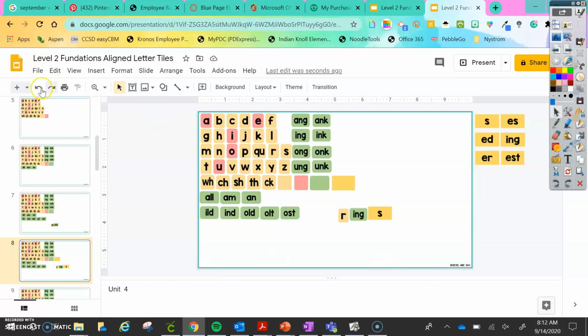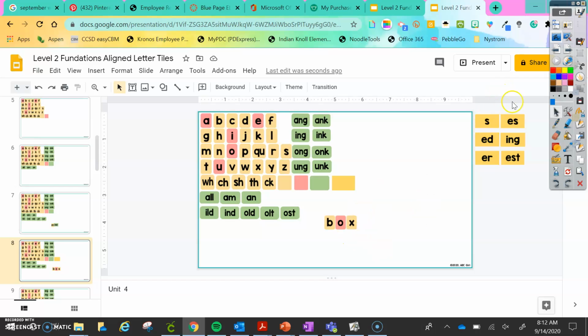So let's look at this word right here. All right, tap this word out with me. B-O-X, box. Now, we want to make this plural, but this is an irregular plural word.